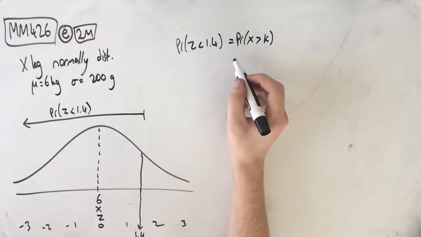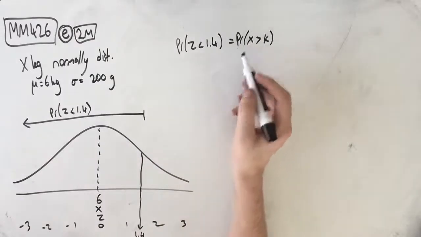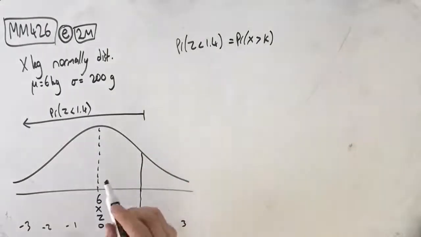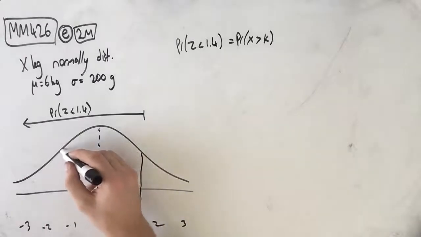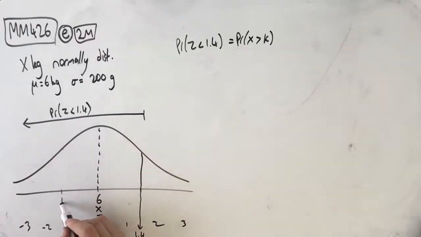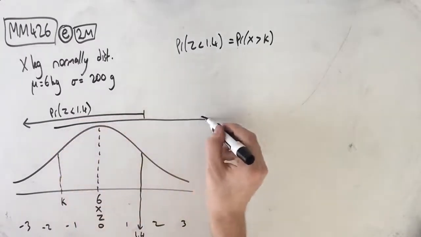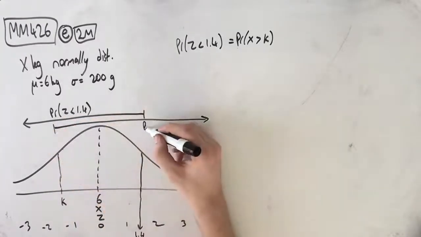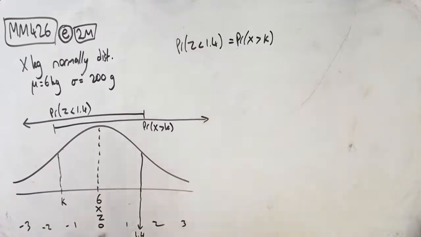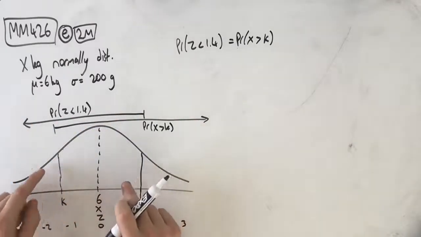And then we're trying to say that this is equal to the probability that X, our value here, is greater than K. Okay? So we're saying that this bit here is K. And because of our symmetrical properties, this is the probability that X is greater than K. Okay, so these are the same probabilities, just going the opposite way, and because these are the same distance away.